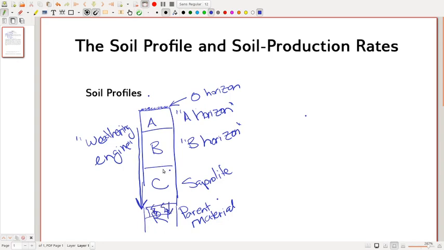That saprolite can convert into the B horizon and so on and so forth. And so what we really need to understand this whole process and to be able to model it is something we call a soil production function. So some kind of mathematical representation that tells us how quickly is this rock worn down and turned into soil.